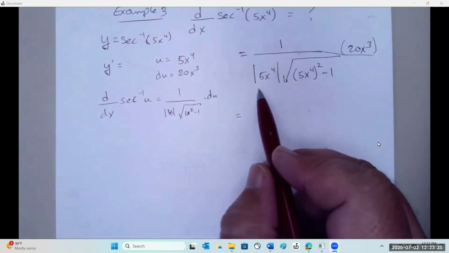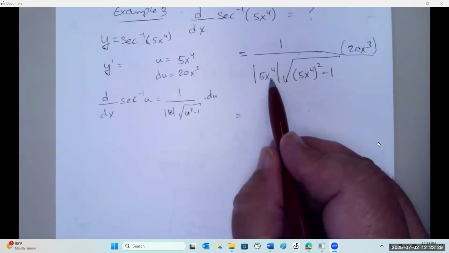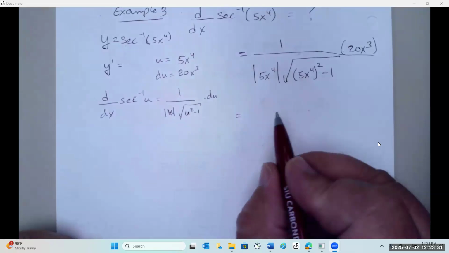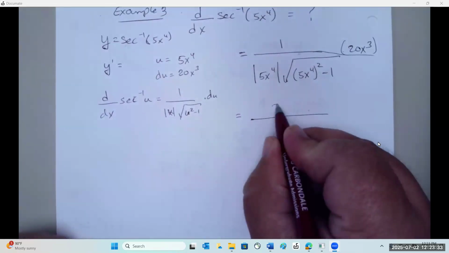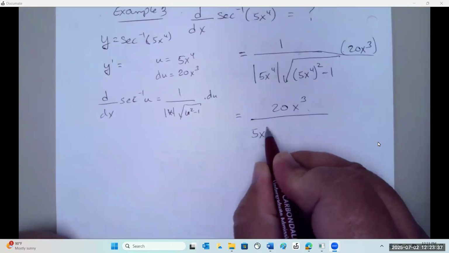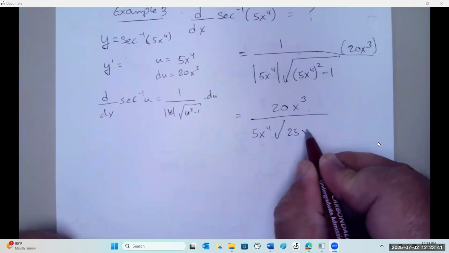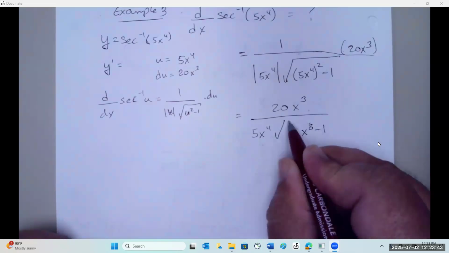Question, do we need the absolute value sign in front of this one? Can 5 ever change? No. X to the fourth can never be negative. So what we have here is 20x cubed over 5x to the fourth times radical 25x to the 8 minus 1.